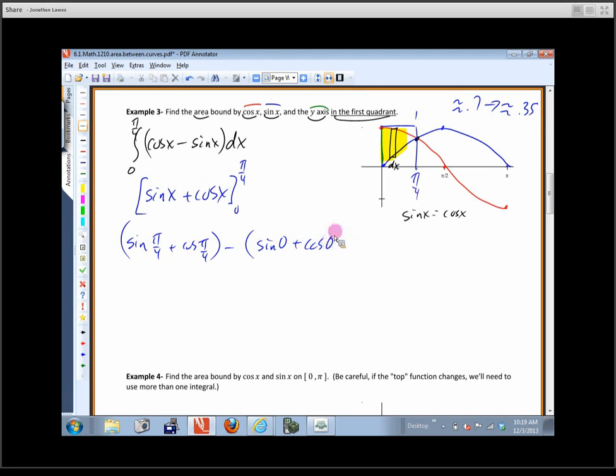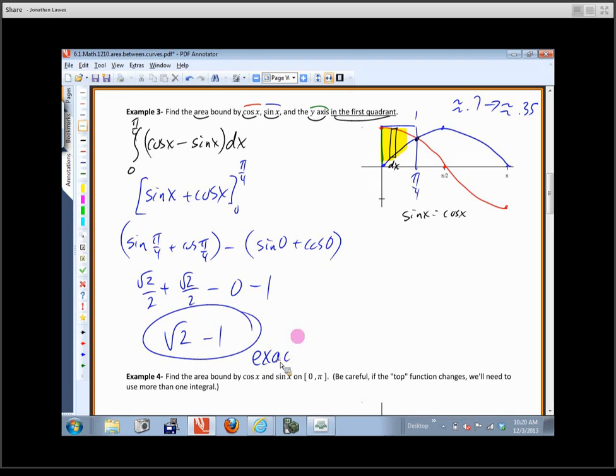I have a hard time writing a 0 without trying to make it a theta when I'm dealing with trig functions. Okay? Sine of pi fourths? Radical 2 over 2. Same for cosine. Minus 0. Okay. So if I were to distribute through, I'd get minus 1, right? So these two together make a radical 2, minus a 1. So there's the exact answer.